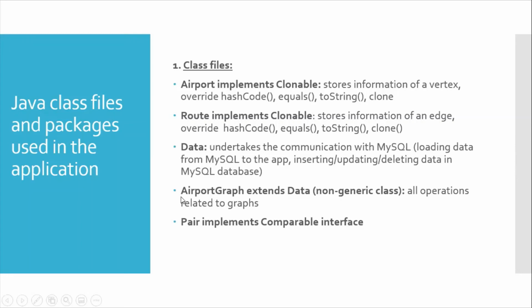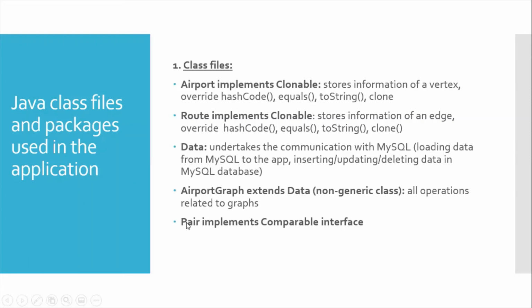And there is the main class called airport graph, and this class extends data. It includes all operations related to graph, such as minimum spanning tree, shortest path, add node, remove node, add edge, remove edge, and so on.